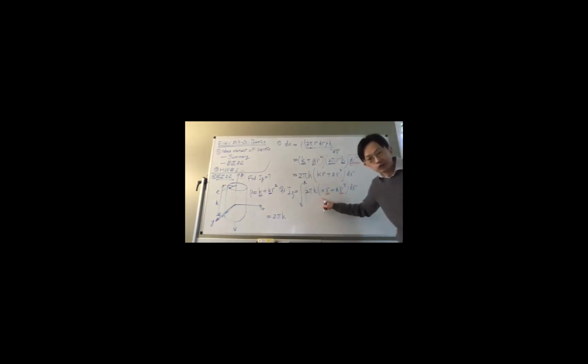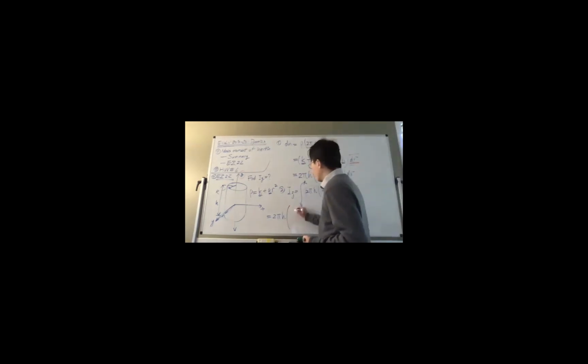So can we carry out this integral? Yes, because this is the integral of polynomials, right? You can move the 2 pi h out of this integral, which gives you this. 2 pi h, they are constant. What about this for the first one? K is also a coefficient, so just treat it as a constant. You integrate r, you get 1/2 of r squared, right?